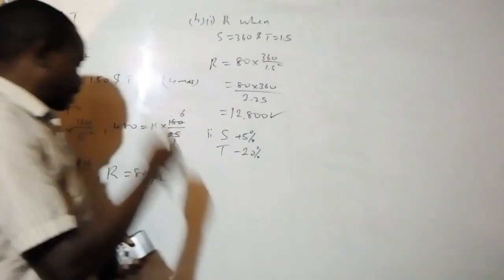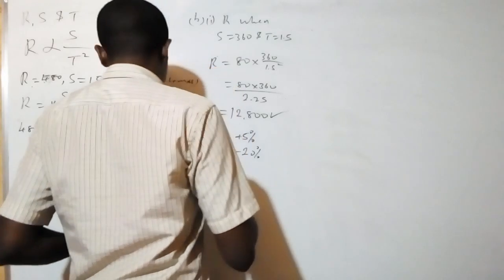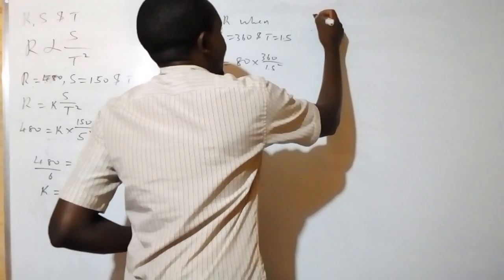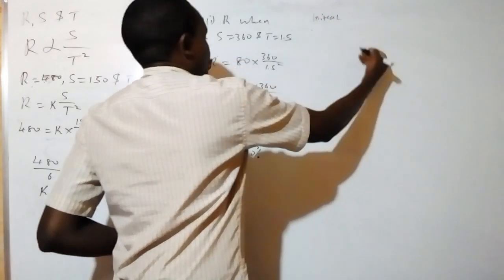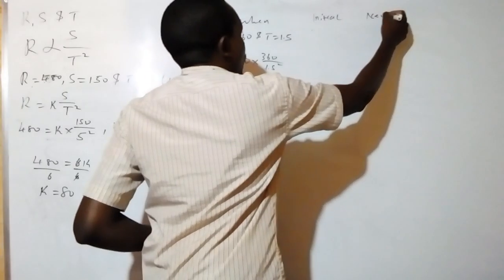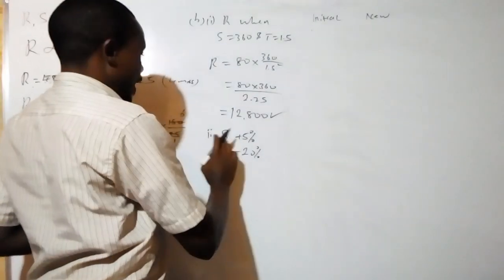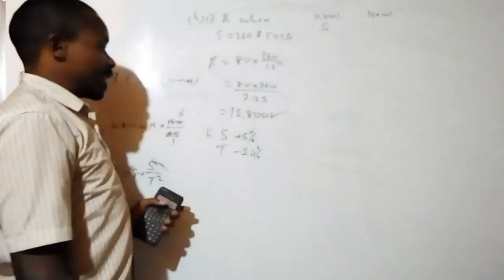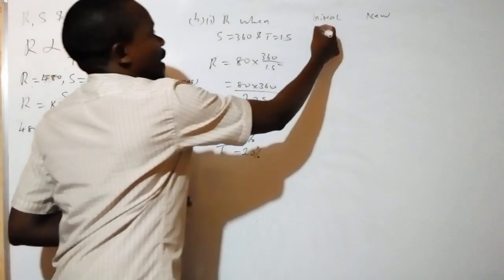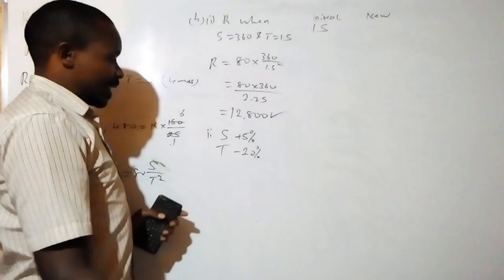Let's come here and say we had initial, and we say new. Initially S was, we can say it was S. That is our initial, or it's the same as 1S, but now it has been increased by 5%.